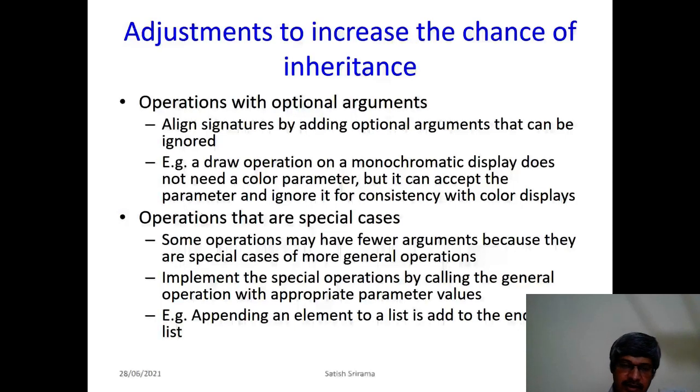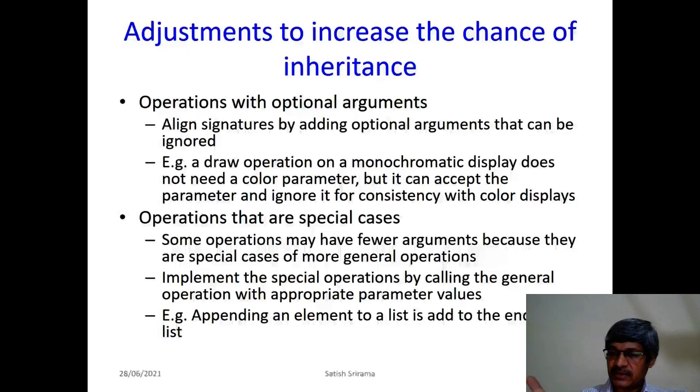Now if you have a draw operation on a monocolored display, it doesn't need the color parameter. But it can accept the color parameter and ignore it for consistency with the color displays. Then basically you have aligned the signatures of both methods.